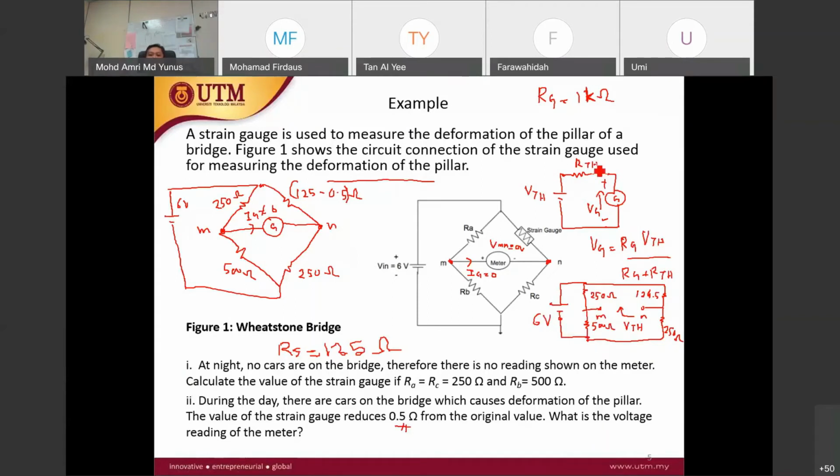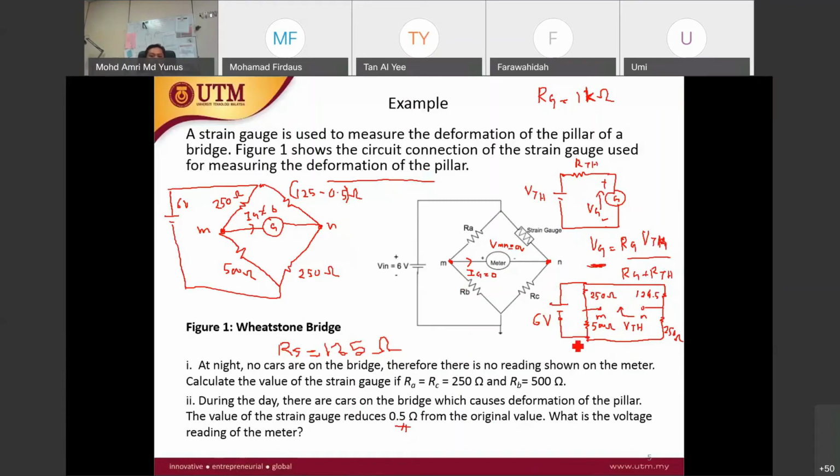So when you know the Thevenin resistance value, then you know the Thevenin voltage value, and we can estimate the voltage value of the meter using RG multiplied with VTH over RG plus RTH. Okay, so it's not that straightforward, but that is how you solve the question.